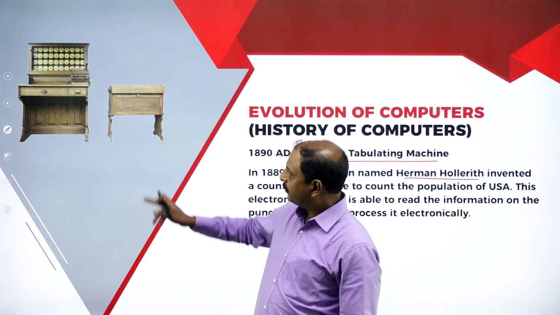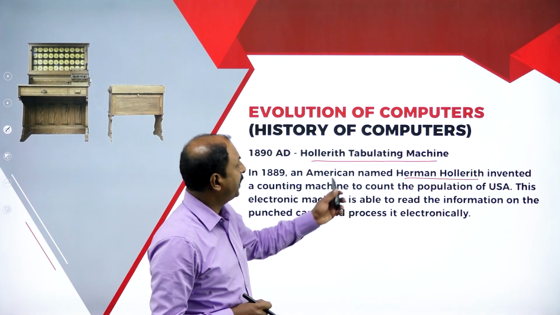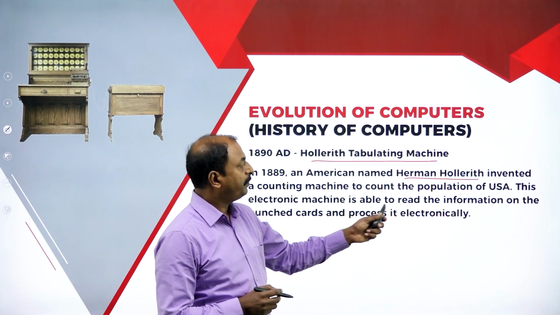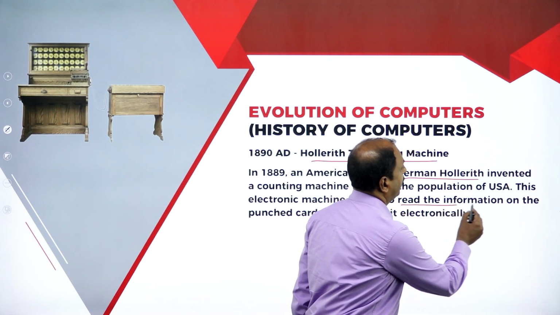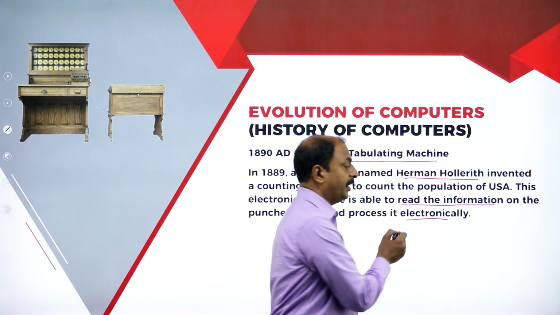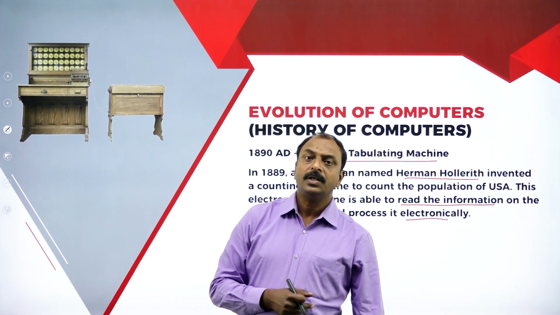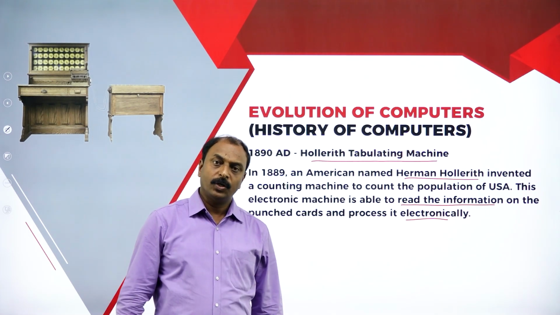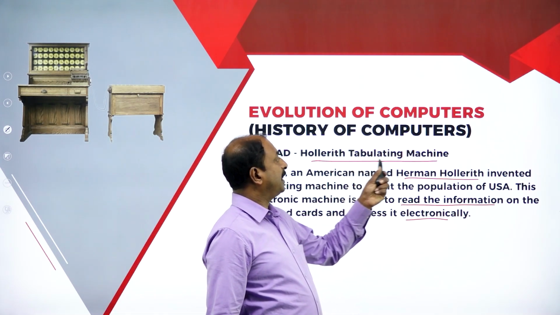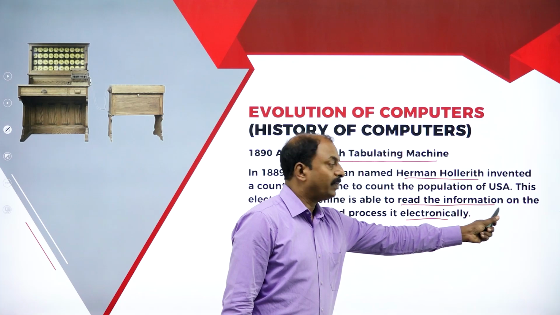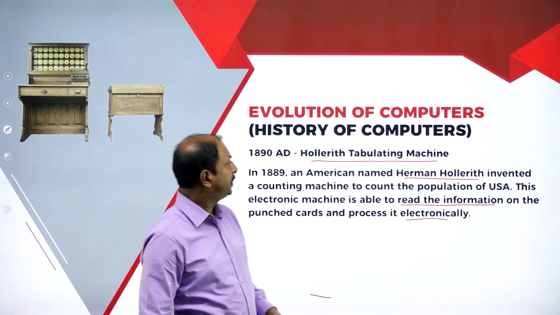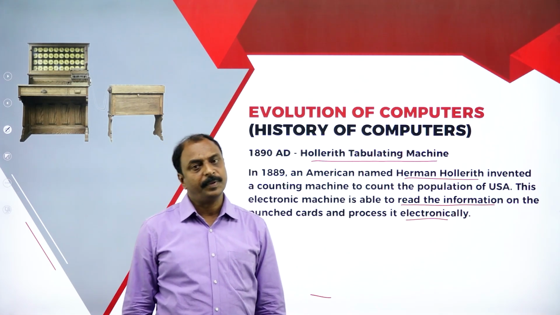You can see the diagram here. This electronic machine is able to read the information on the punched card and process it electronically. We have seen the punched card they were using in the Jacquard Loom. The same punched card they were using here in the tabulating machine for reading the information and processing it electronically. So this is the Hollerith tabulating machine.